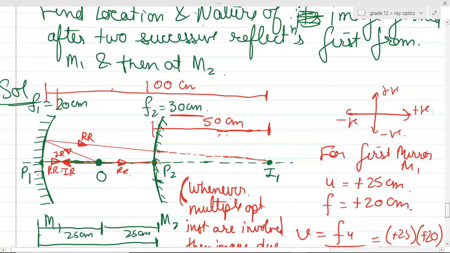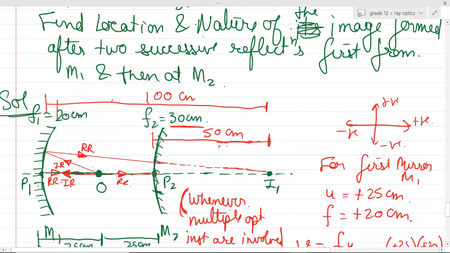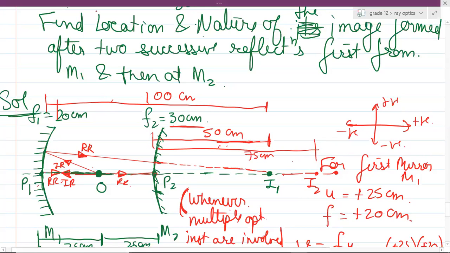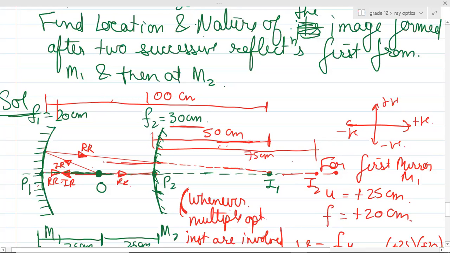So where exactly is the final image formed? The final image is formed at 75 centimeter, basically here. Are you getting my point? So ultimately, the light ray goes like this. It again strikes over here, again strikes over there.